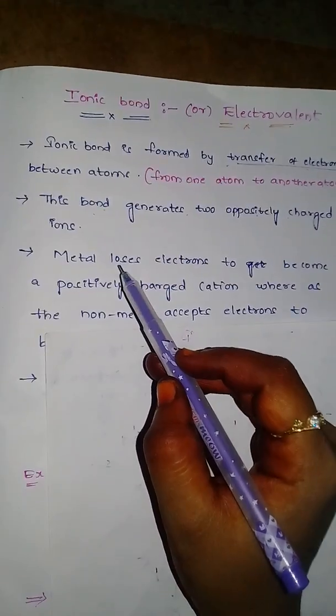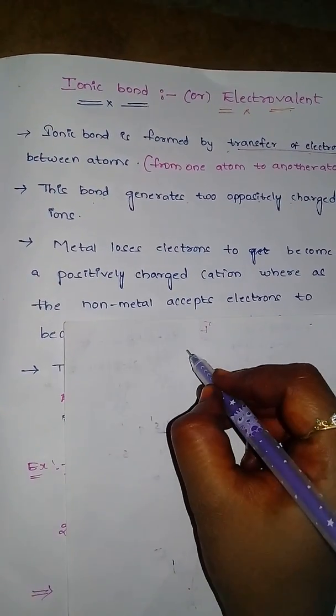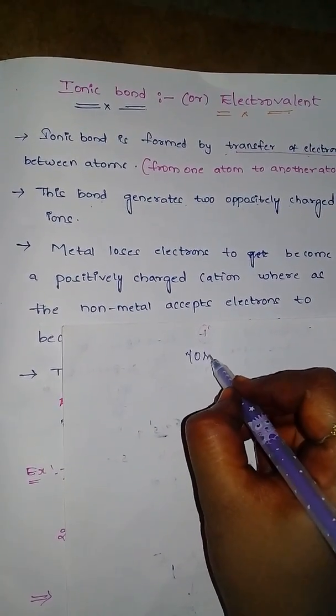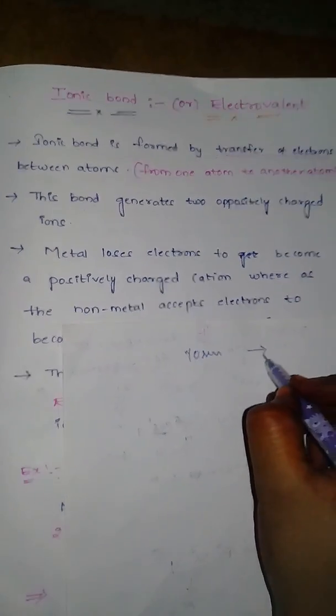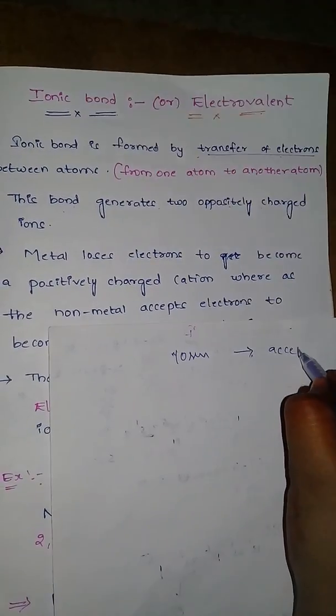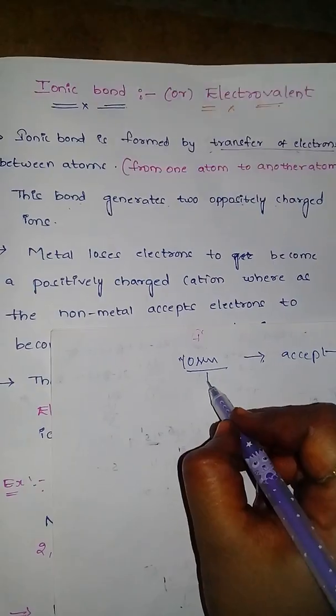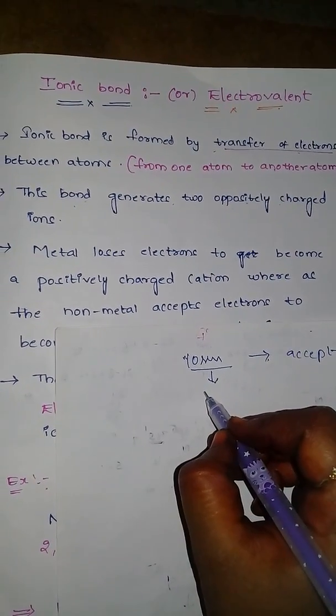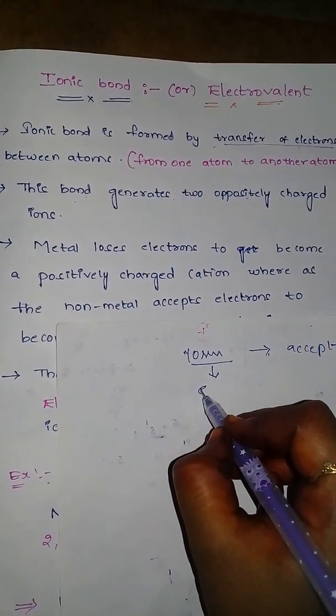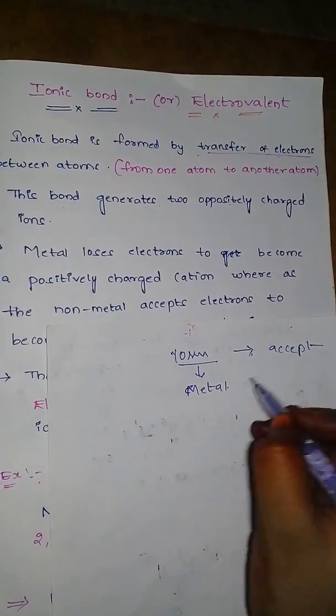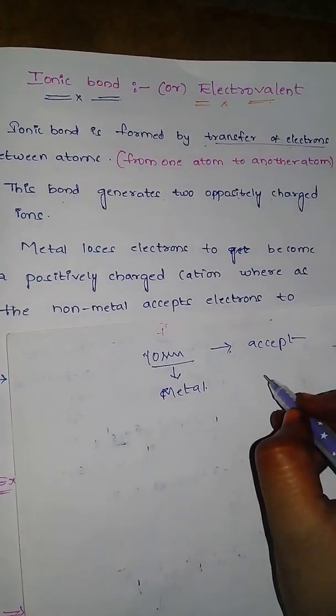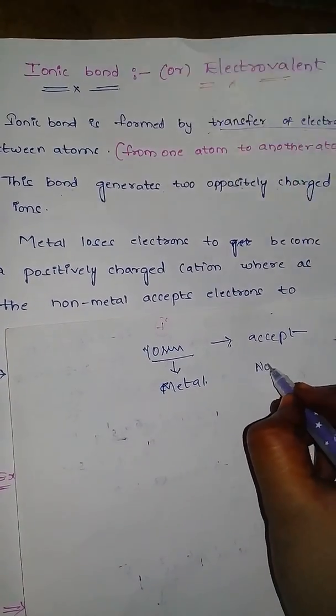When one atom loses electrons and another atom accepts electrons, the atom that loses electrons is known as metal, and the one that accepts electrons is known as non-metal.